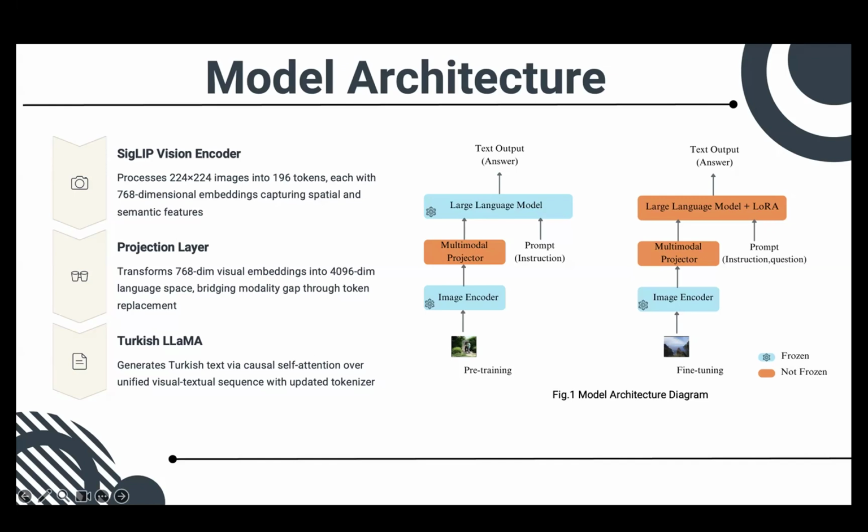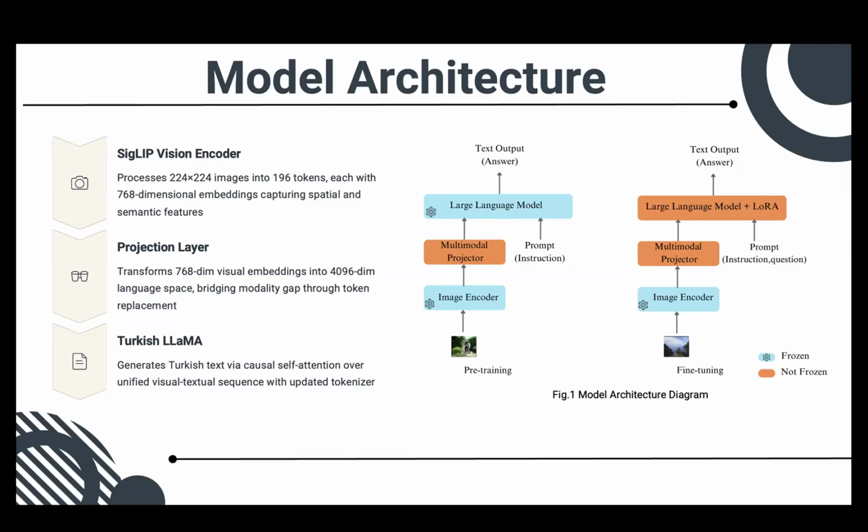The crucial innovation lies in our projection layer. This component transforms 768-dimensional visual embeddings into the 4096-dimensional language space. It's not just dimension matching, it's bridging the fundamental gap between visual and linguistic modalities through an intelligent token replacement mechanism.